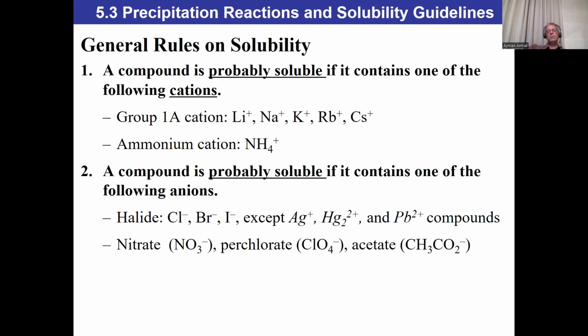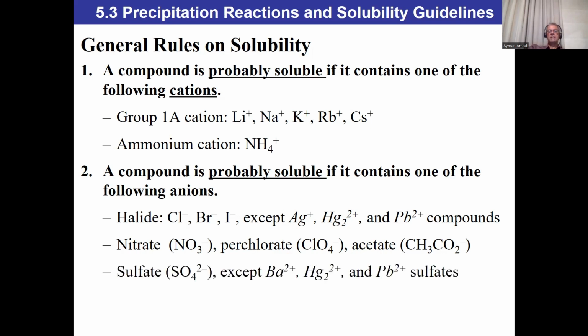Nitrate-containing compounds are always soluble. Compounds containing perchlorate are always soluble. Compounds containing acetate, CH3CO2 minus, are soluble. Any ionic compound containing these ions is soluble. Sulfates: all ionic compounds containing sulfate are soluble except ionic compounds with barium cation, Hg2 2 plus cation, or Pb 2 plus cation.